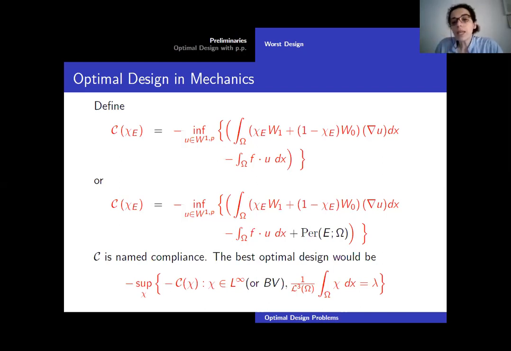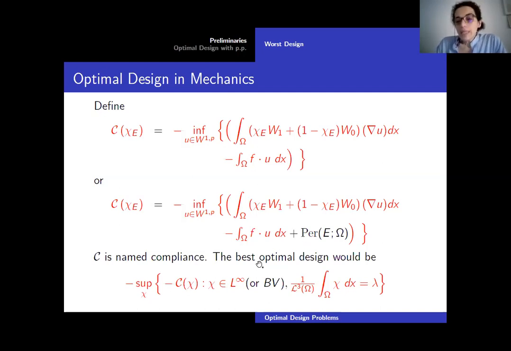And I want to say that the first modeling, this is what I was mentioning at the very beginning when I was quoting, for instance, Kohn-Strang, are models where there are no perimeter penalization among the interface, while the presence of this term is the one that I will consider always in my talk. And I hope to be clear in a moment why it is so useful.